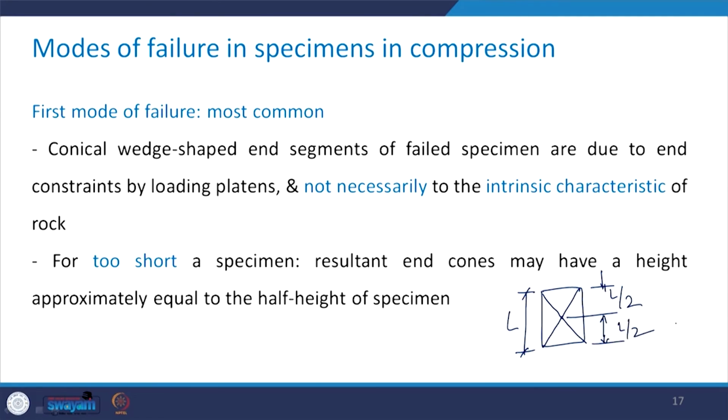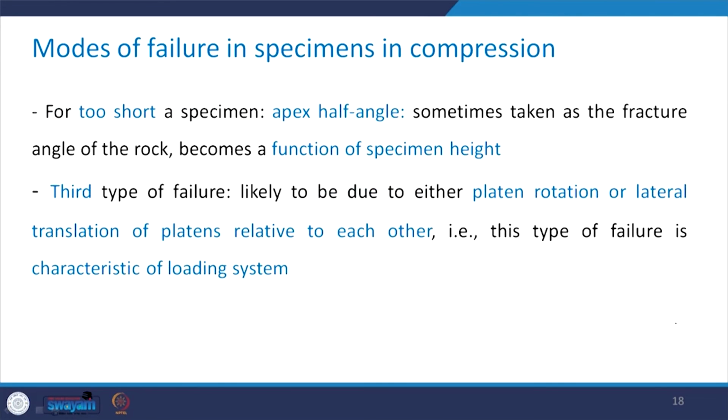Okay. So, for a shorter specimen, this kind of situation can occur, and in that case the apex half angle can sometimes be taken as the fracture angle of the rock, and it becomes a function of the specimen height. So, need to be careful.